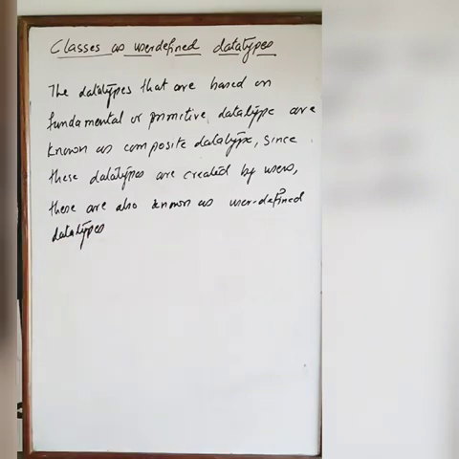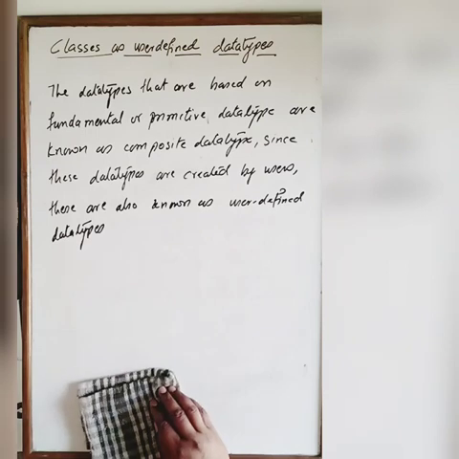Since these data types are created by using primitive data type, they are known as composite data types, and since the user creates them, they are known as user defined data type.